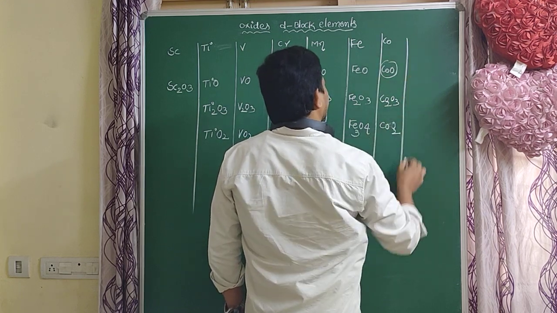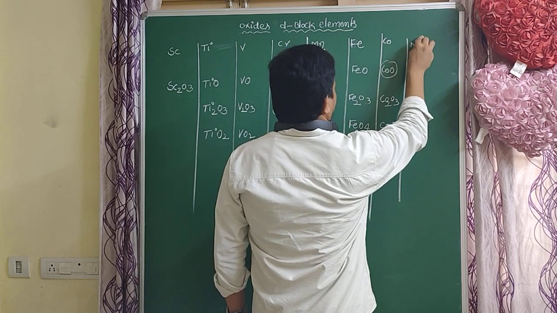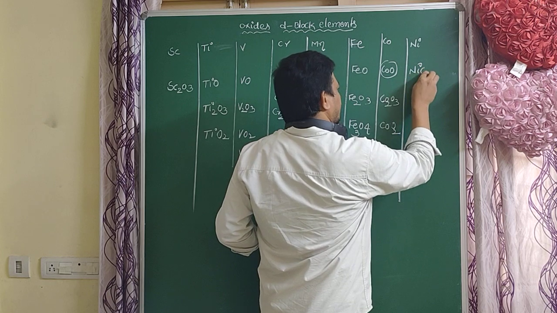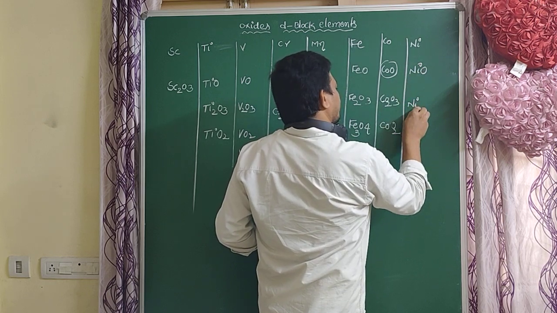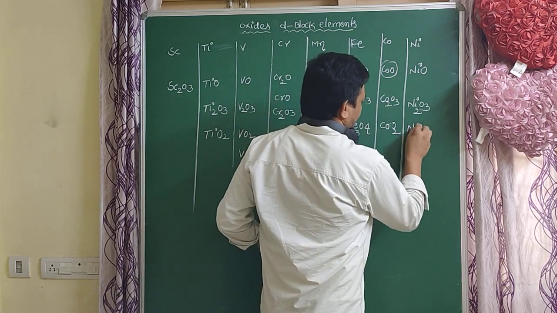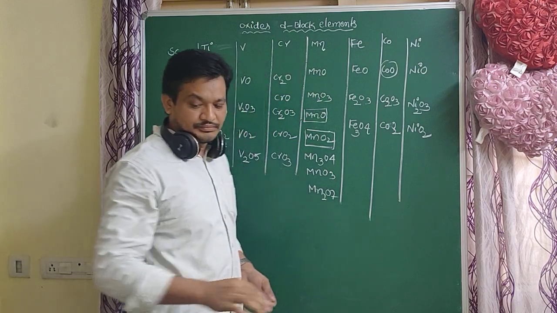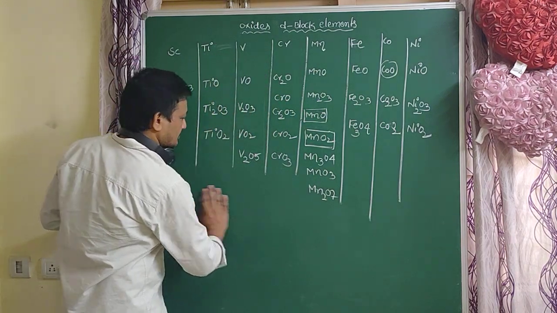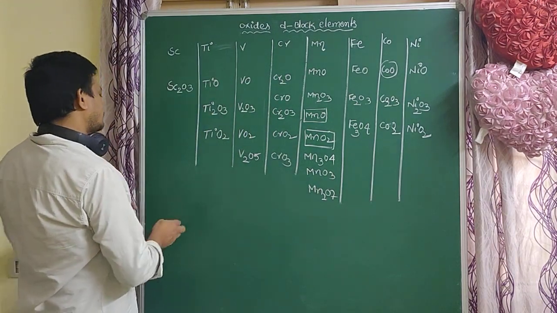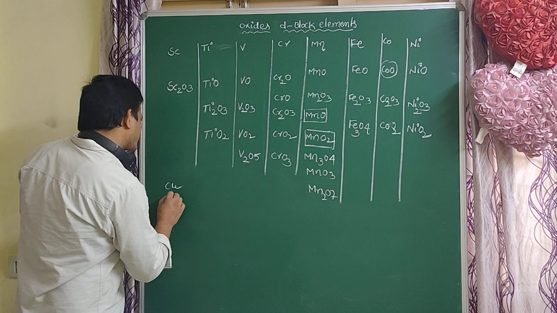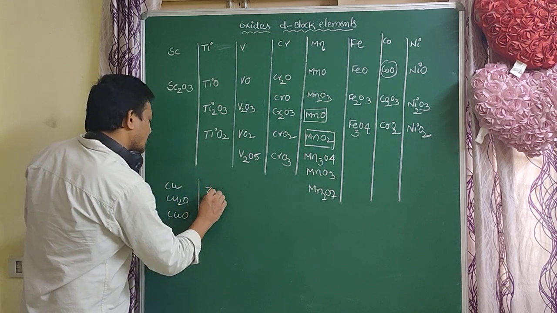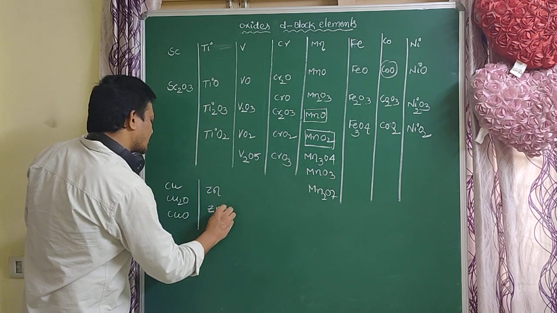And nickel forms NiO, Ni2O3, and NiO2. Copper can form Cu2O and CuO, and zinc forms only one oxide, ZnO.